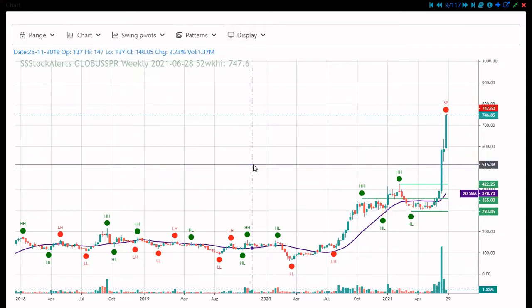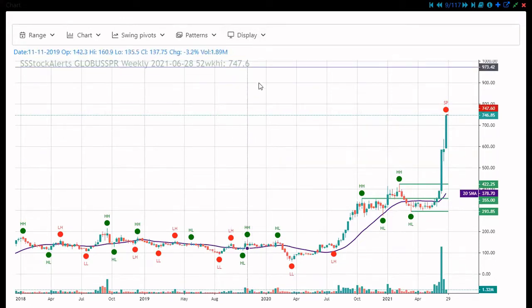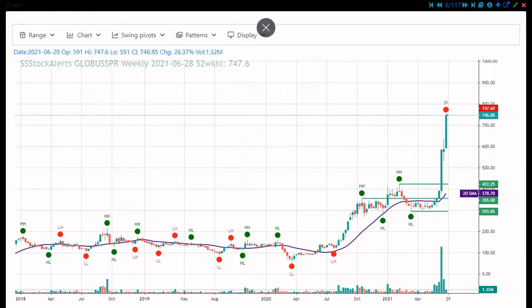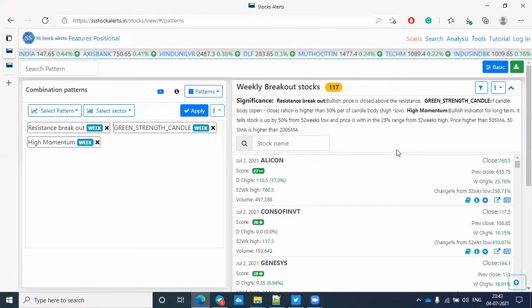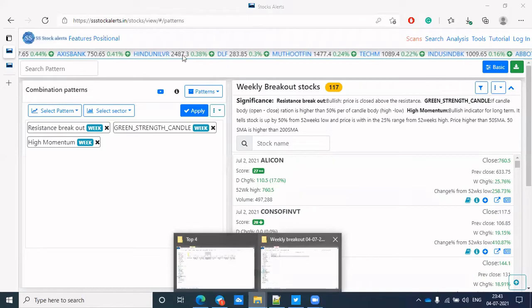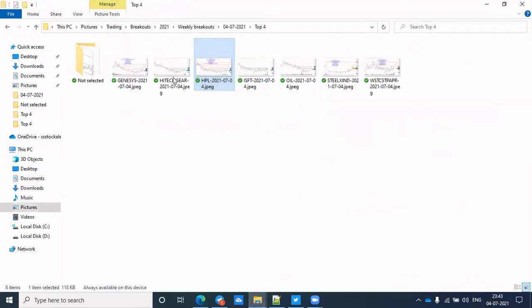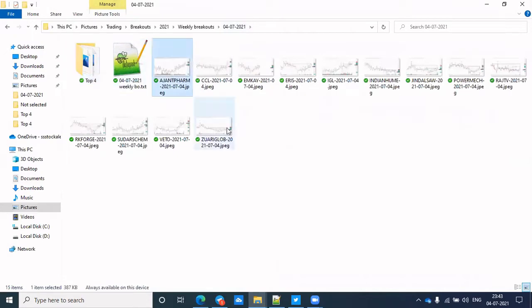Since I have already downloaded the stocks which I shortlisted for today, I will open them and show. I have downloaded almost 30 stocks here. Let me open here and show you.